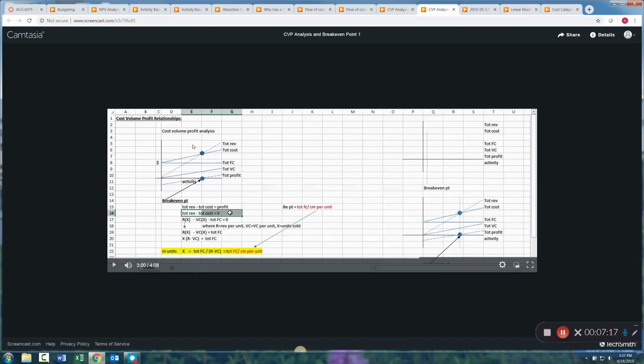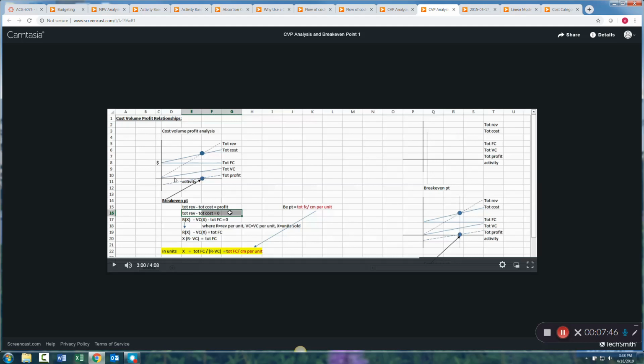We came up with these graphs, and I know this is a very busy graph, but assume that this is dollar amount on the y-axis and then activity on the x-axis. So the bottom line is the one that depicts total profit. Wherever it meets 0 on the x-axis, that's where we have our break-even point.